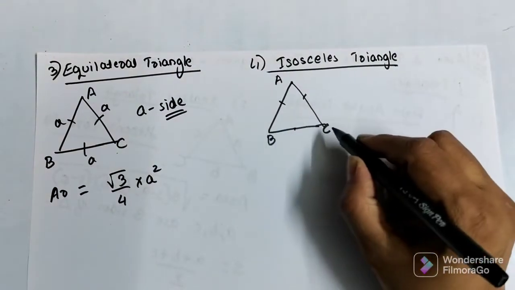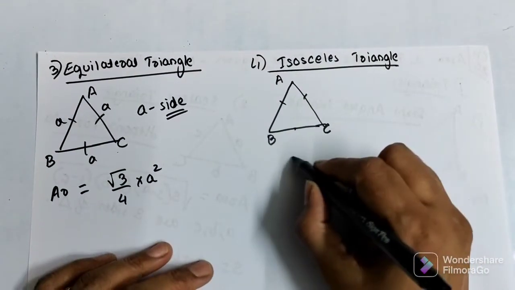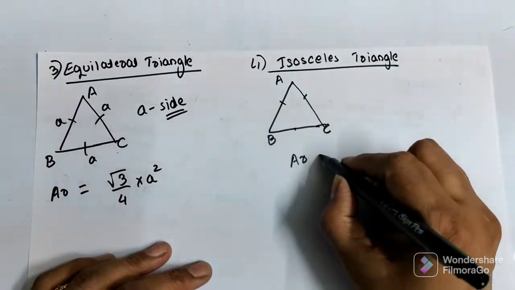For the isosceles triangle, there is a formula. How do we find the area of the triangle?